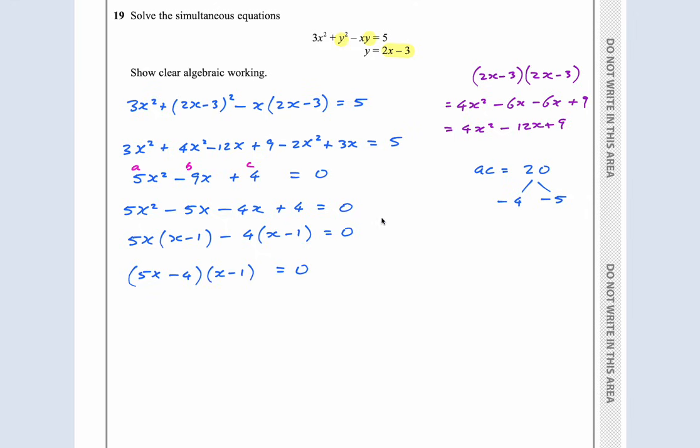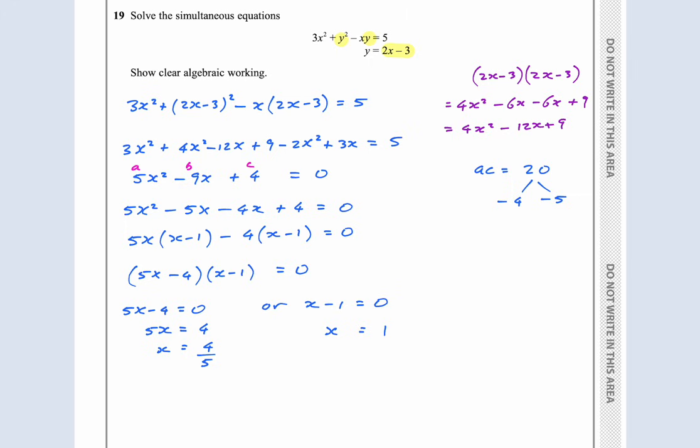This gives me solutions of 5x minus 4 equals 0, or x minus 1 equals 0. This one, 5x equals 4, x equals 4 over 5. And this one, x equals 1.